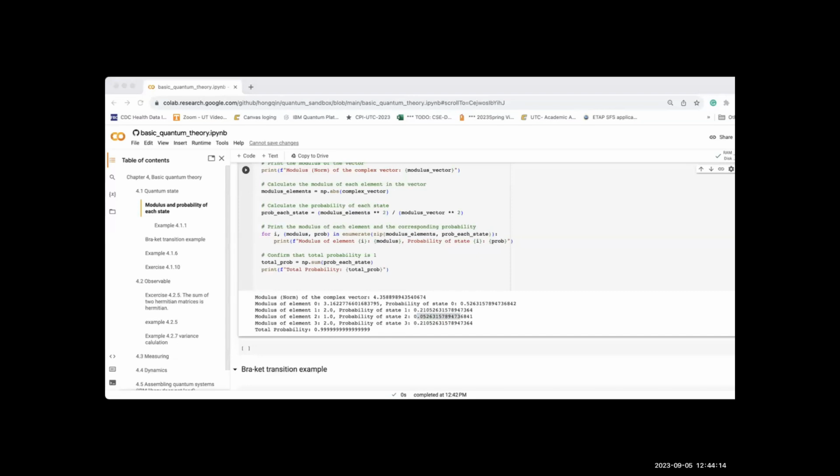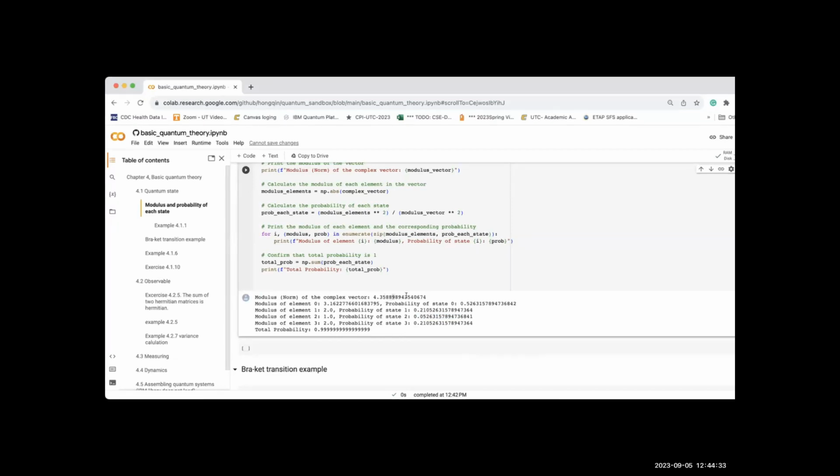That's 0.052624, 526. This is different from the book up to a few digits, because the book seems to round up the number: 4.3589, 4.3.